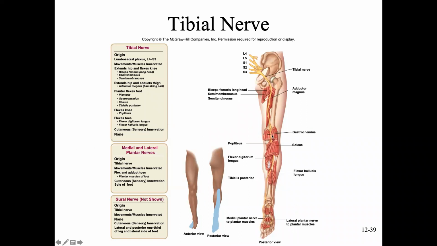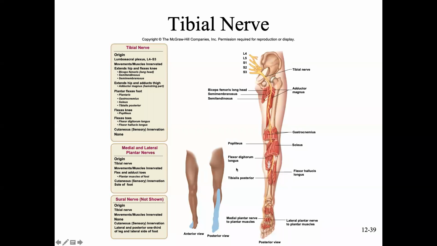So the tibial nerve starts over here. As the tibial nerve starts over here, down and around in the knee area, is going to be posterior lower leg, your calf muscles. So your gastrocnemius, your soleus, all of them allow us to, right, push off, plantar flex.